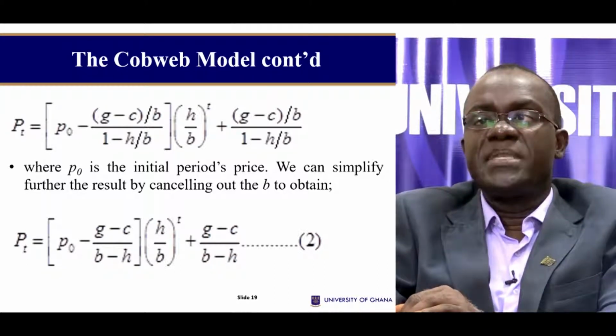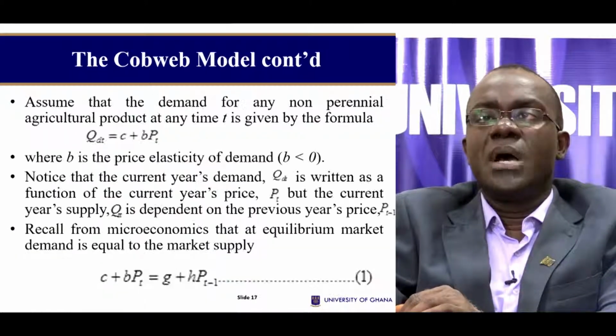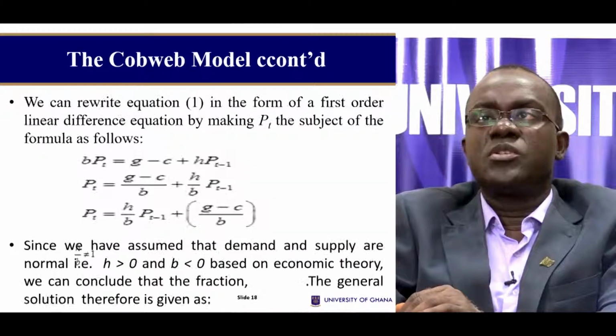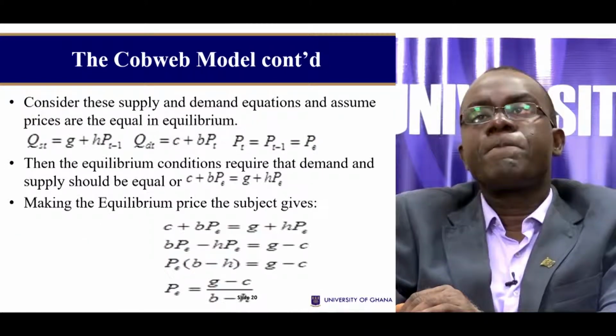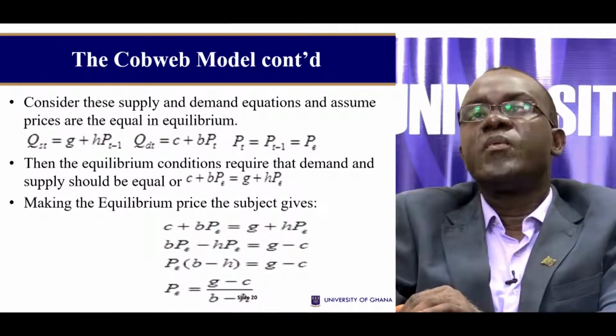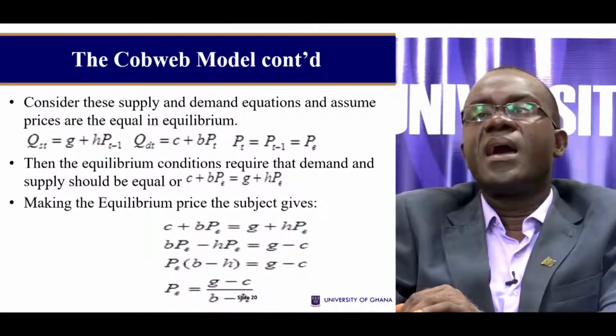This equation can be simplified into what we have over here. And if you look at what we have, G minus C divided by B minus H, this is equal to our equilibrium price, which we can solve from here, right? If P is equal to P, we can solve for the equilibrium price here. And therefore, the demonstration is over here.